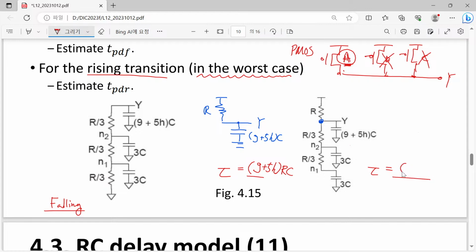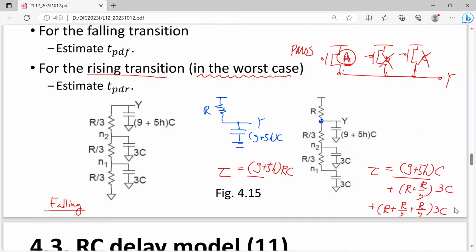And how about this one? Please try. 9 times C plus, for example, if you are doing it in this way, then that's low. And if you are doing something like this, once again, are you with me? If you are doing it this way, there is a misconception.